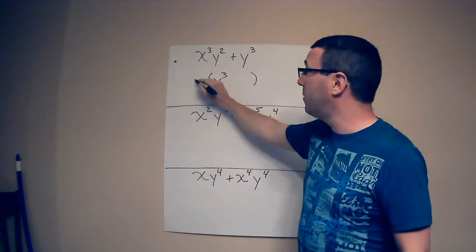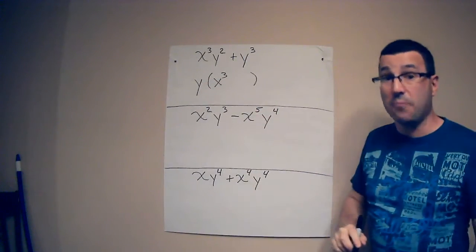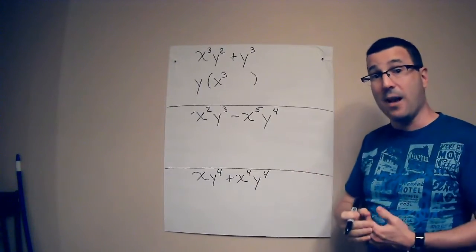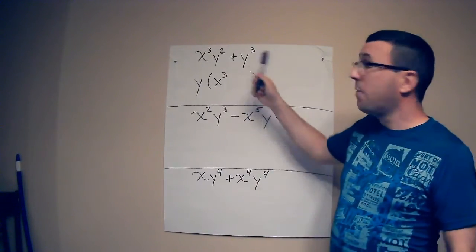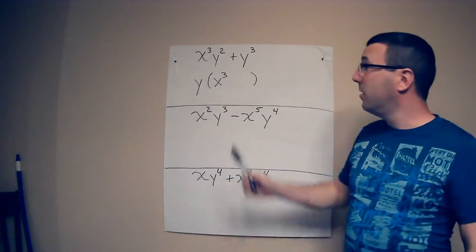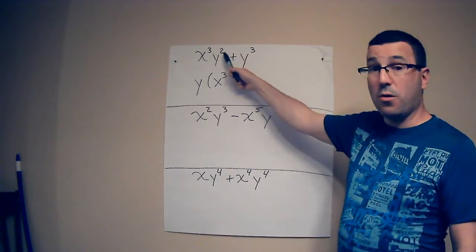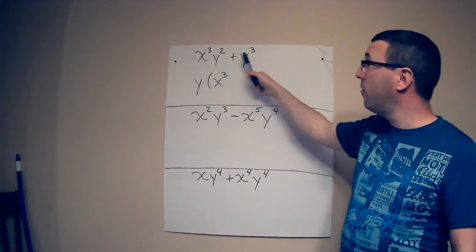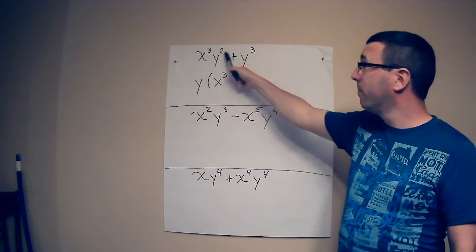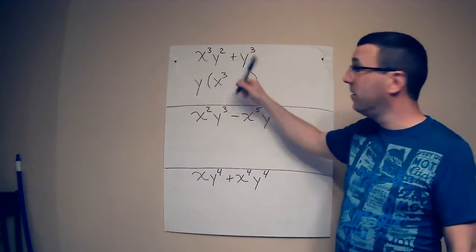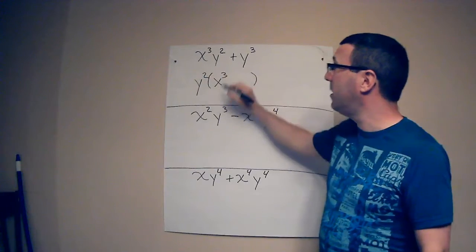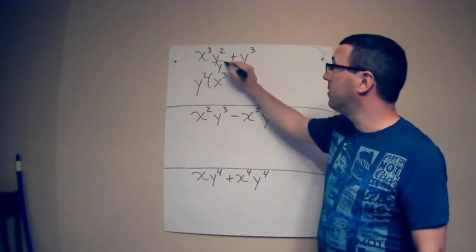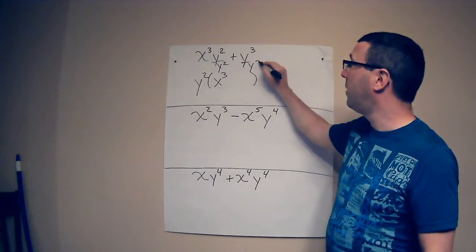So I'm definitely going to put a y on the outside of my parentheses, because I'm factoring that out. Okay? But now I have to look at the exponent. So which one's smaller? The y squared or y to the third? 2 is always smaller than 3. So I'm going to put the 2 on the outside, divide both of these by y squared.